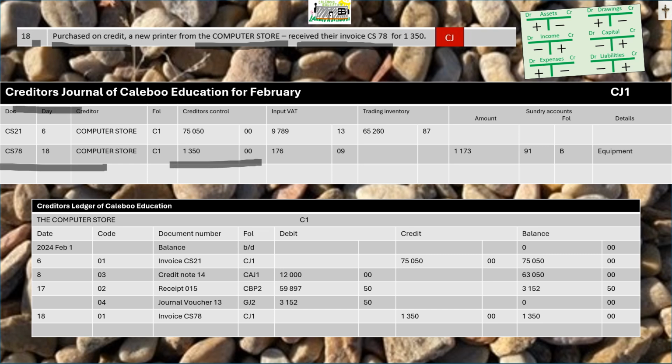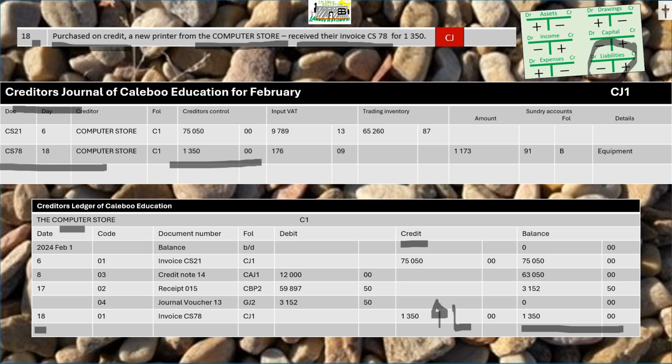The amount was 1350. Now that needs to go to the individual account in the creditors ledger on a daily basis. We owe more. Increase in liability, credit. There's the rule. We now owe 1350 on this account.